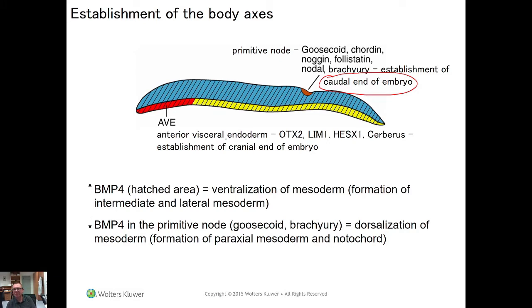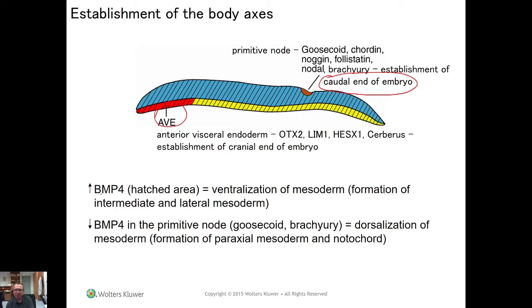It is called visceral endoderm already when hypoblast is here, but it doesn't matter. So there are two centers: AVE, the anterior visceral endoderm, important for the formation of the cranial end, and the primitive node, which is important for the formation of the caudal end of the embryo.